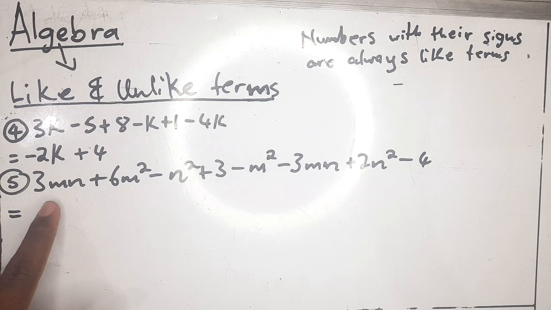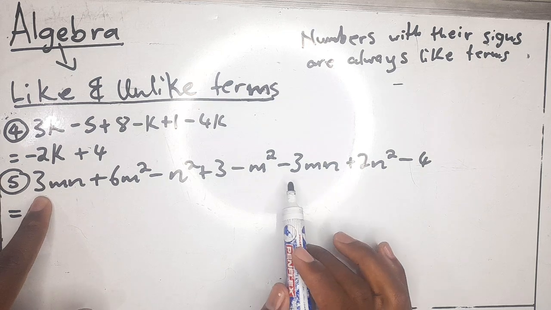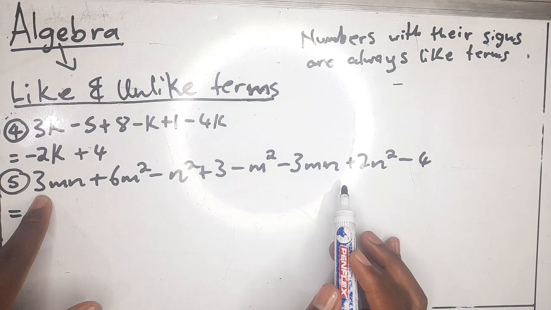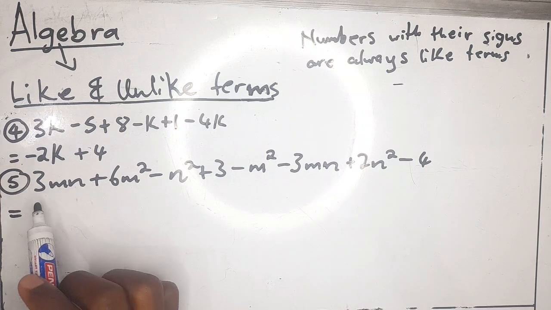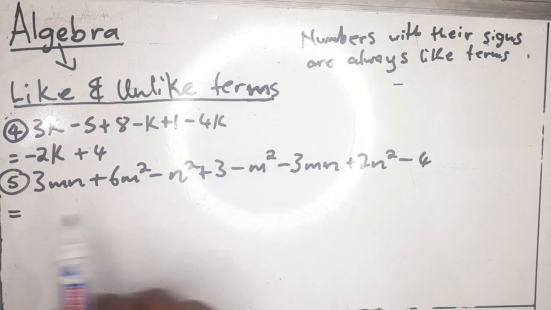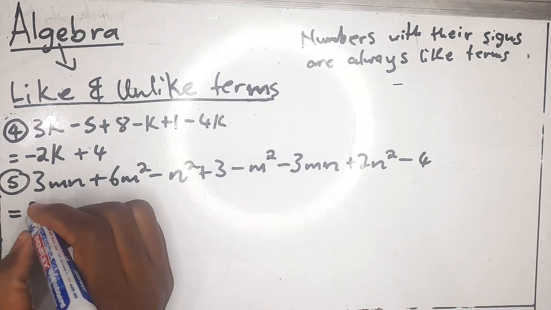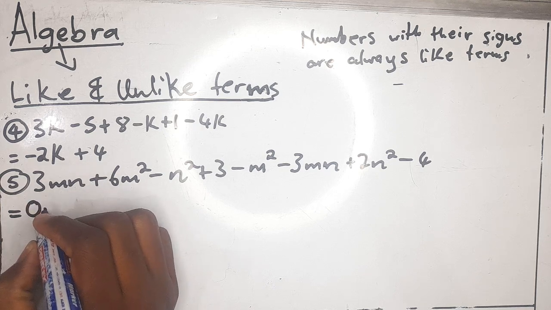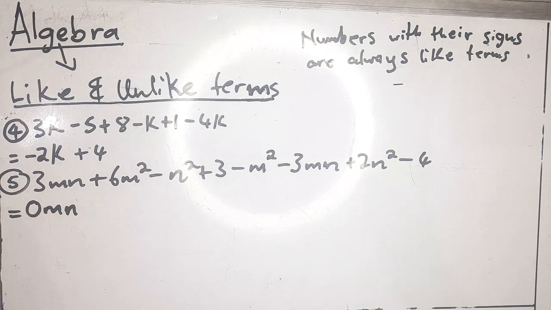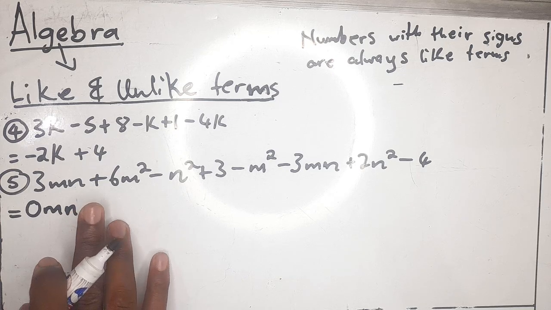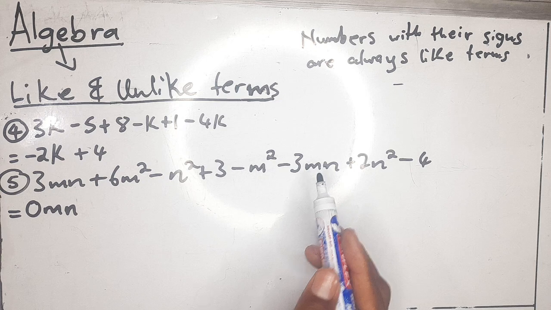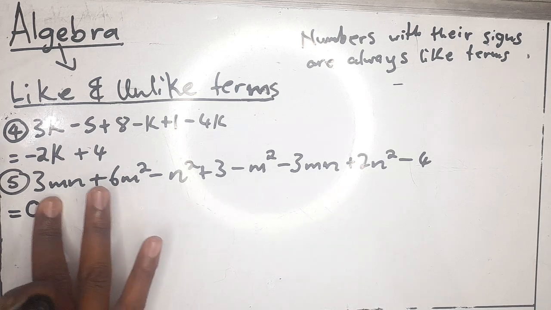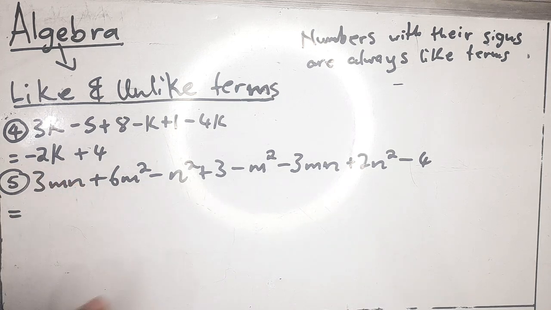Yes, that minus 3mn, and so these two terms are like terms. The coefficient is 3, the coefficient is minus 3. What is 3 minus 3? This is going to give you 0mn, and any number multiplied by 0 will be 0. And so there's no need of writing this. These two terms are going to cancel each other, and so they're done for.